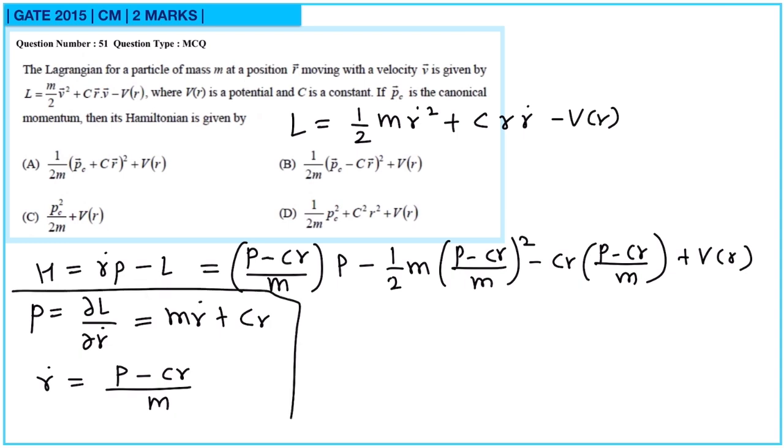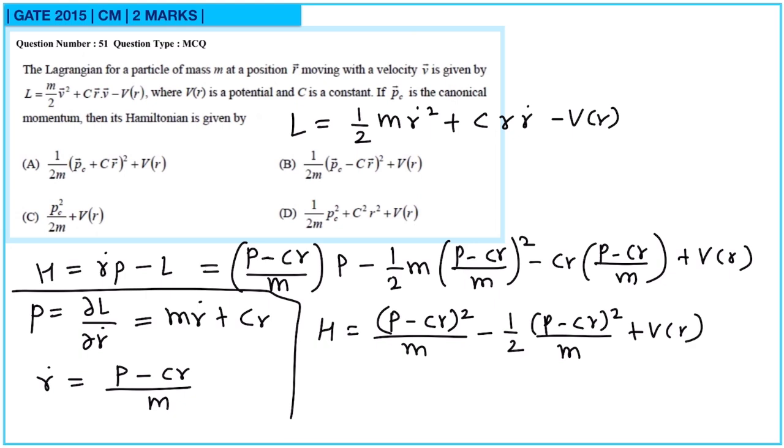So this is H. H is equal to (p minus c r) square by m, minus half into (p minus c r) square by m, plus V of r.